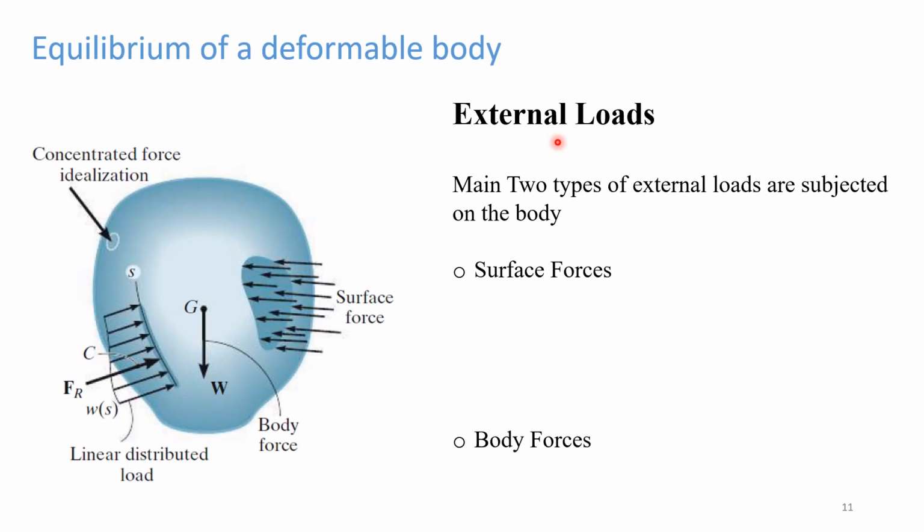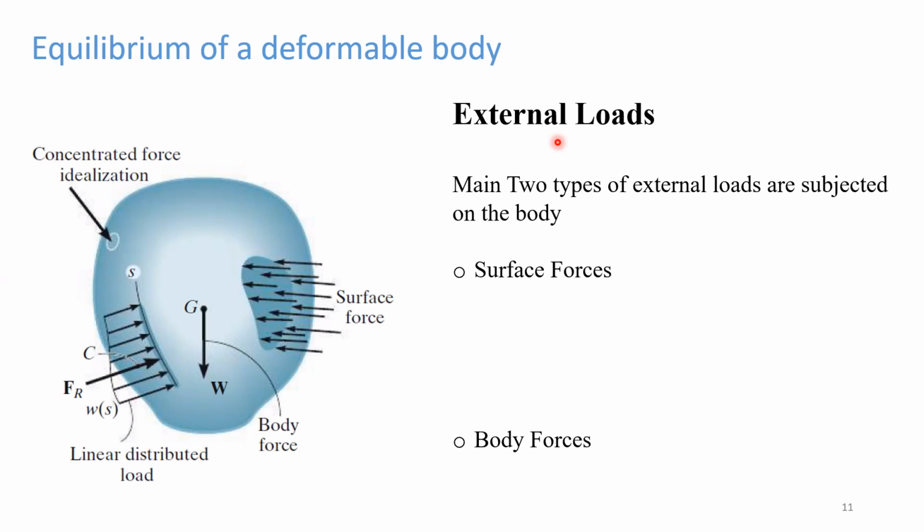Actually it comes from internally, but it acts as an external load because body force is always related to gravity. On the moon our body force is lower because the gravitational force on the moon is low.